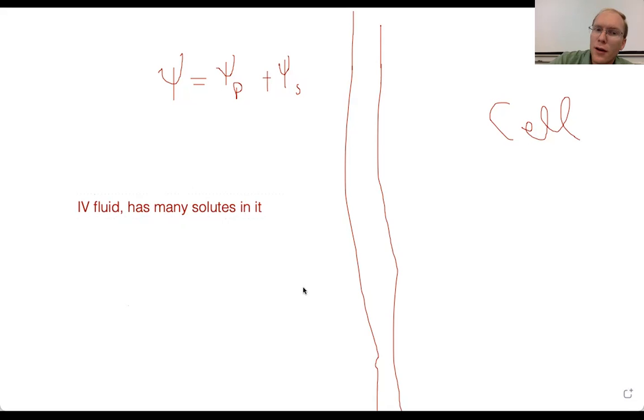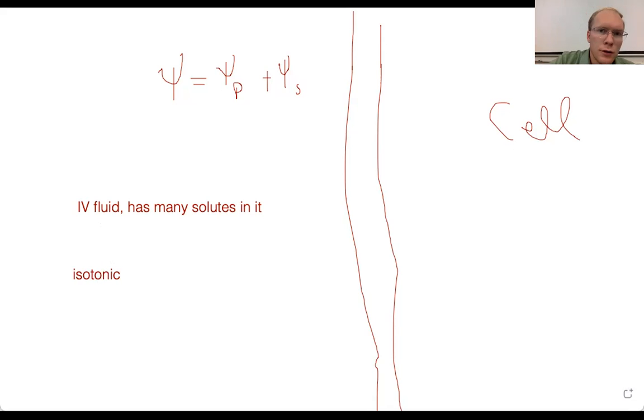But what it actually is, is a classic isotonic environment. Now, that doesn't mean it has the same exact things as your cells. What it does mean is it has the same concentration of things. So while your cell is filled with proteins and carbohydrates and lipids and things allowing it to perform its function, the IV fluid actually has the same concentration of solutes in it.